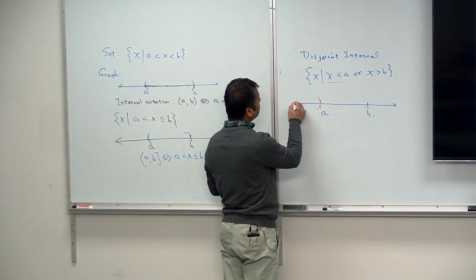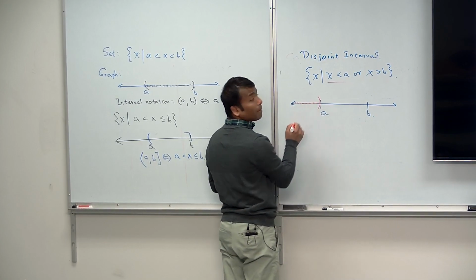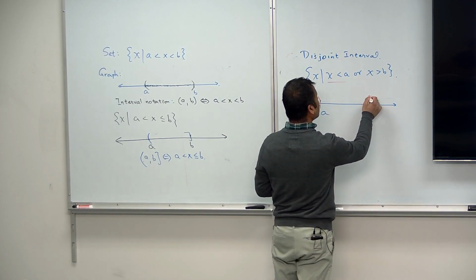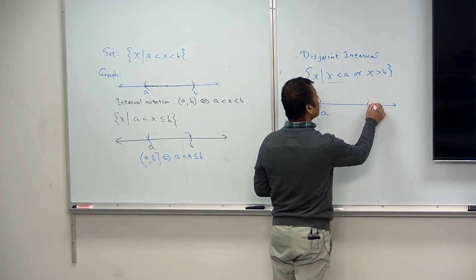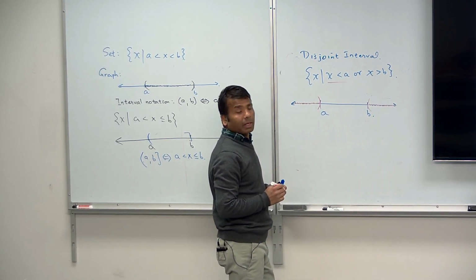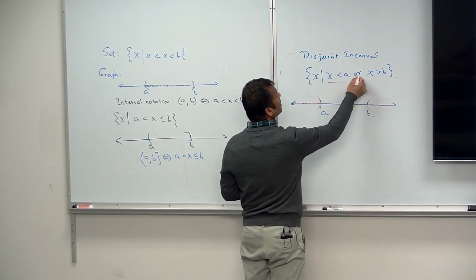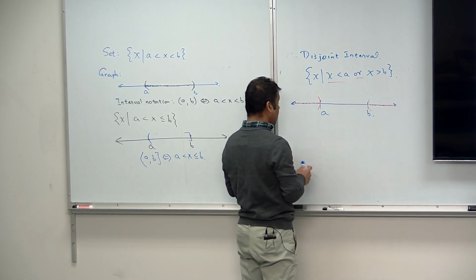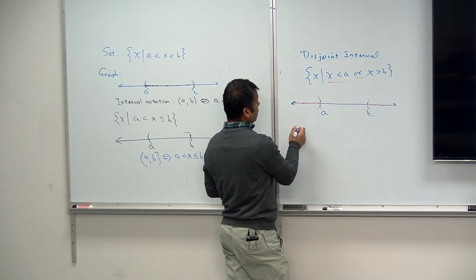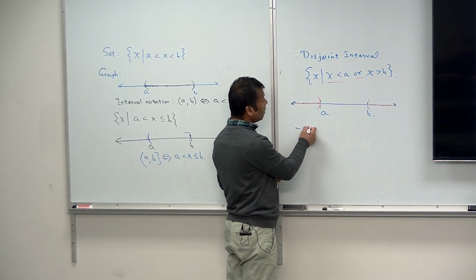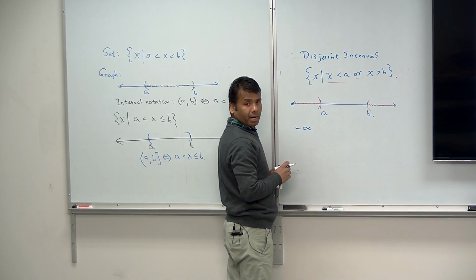Okay, guys? See that? Right? And then greater than b, so greater than b is right here. And this or, so that means union, okay? So how do you write that? Do you know how to write that? To the far left, we have a undefined number, negative infinity, is that right?